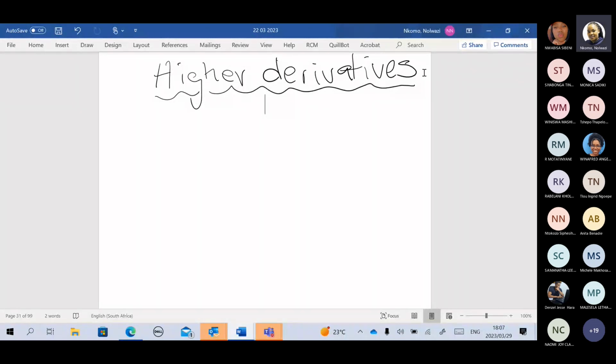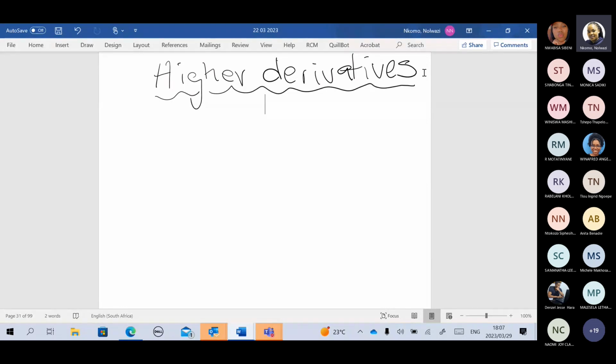Let's get to the notation for those derivatives. Suppose we have f of x, the function that we will differentiate.